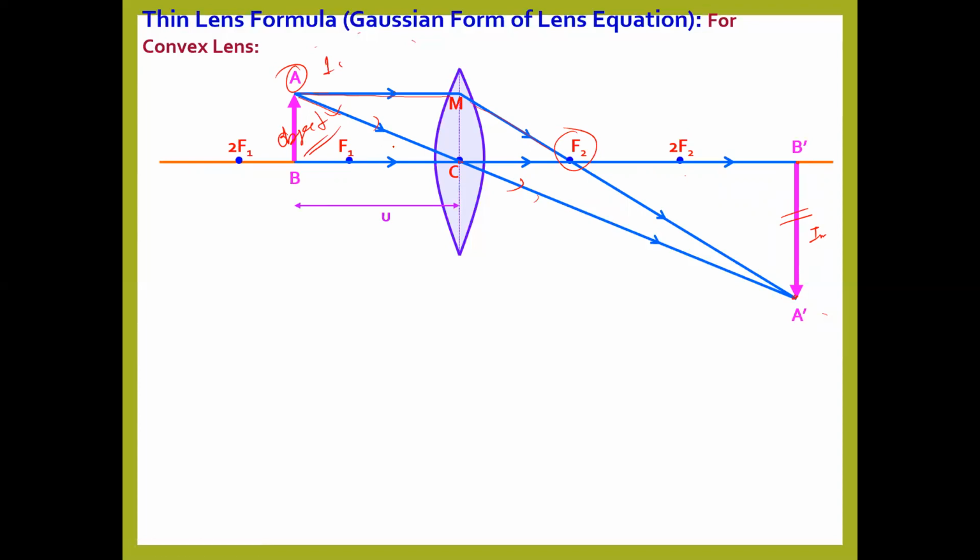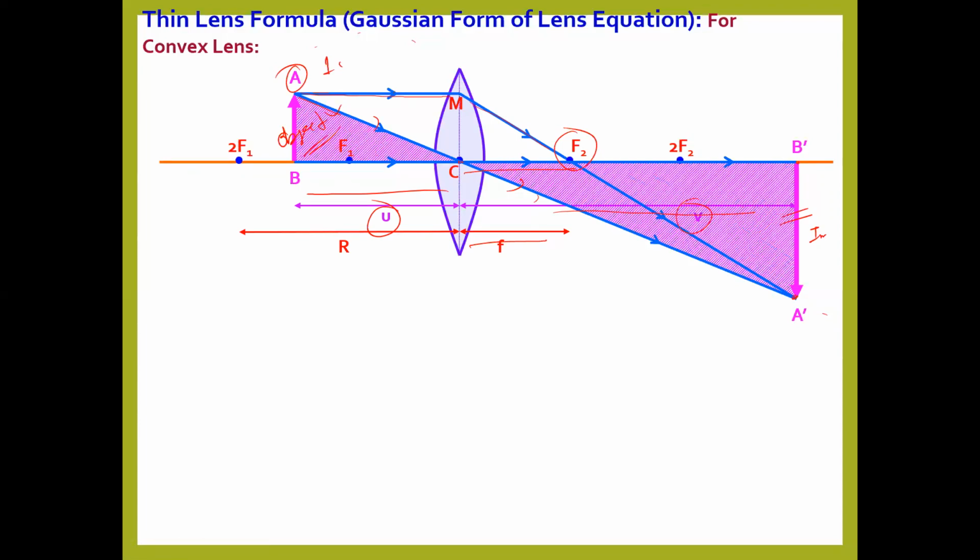Now we can say that this length is u and this is v, the image distance. F is the focal length, and R is the radius of curvature. There are two triangles that we have drawn here. Now we will use simple trigonometry.